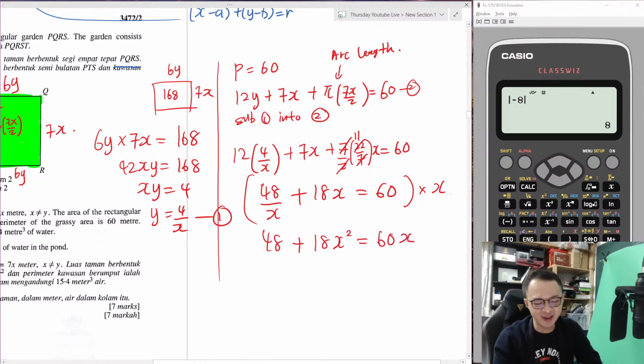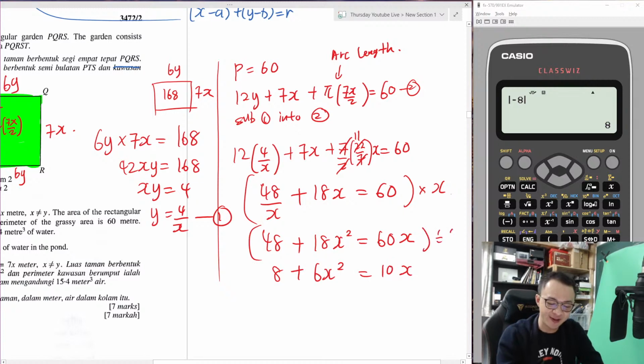And all the numbers seem like they can be divided by 6, isn't it? So I divide the whole equation by 6. I get 8 plus 3x squared equals 10x.